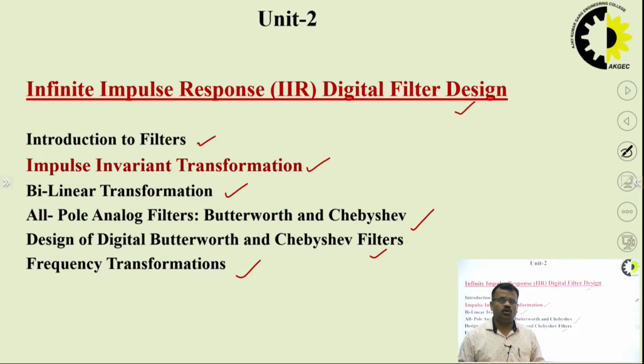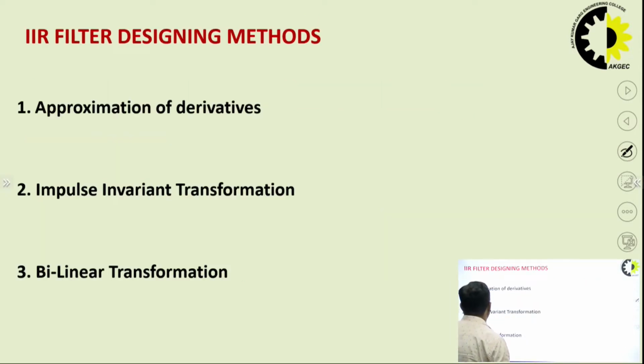Its AKTU code is KEC 503. So, let us see here the IIR filter designing method. Generally the IIR filter designing method is simple, because you have to map your S domain, or S plane, into the Z plane. You have to map your analog filter transfer function into the digital filter transfer function.